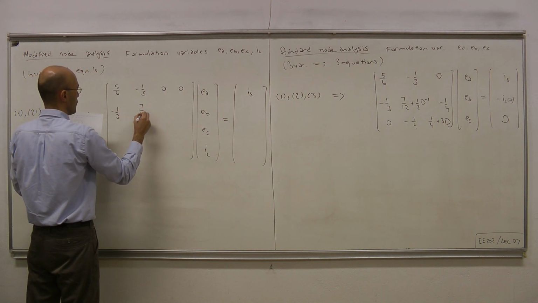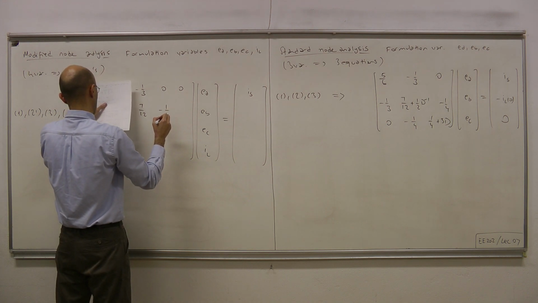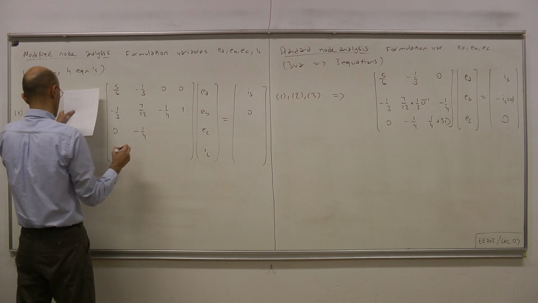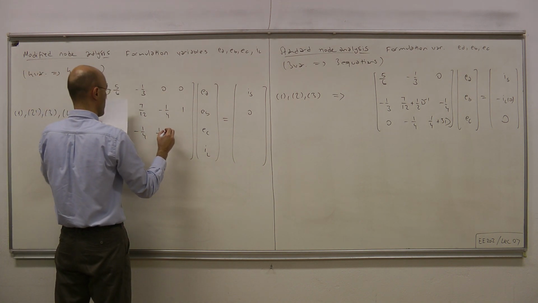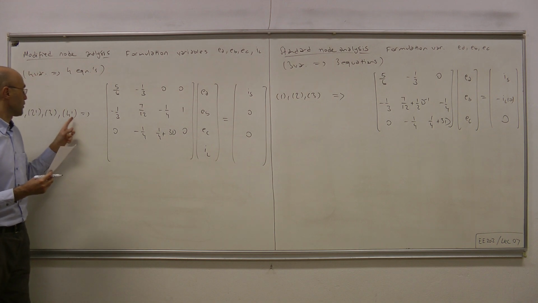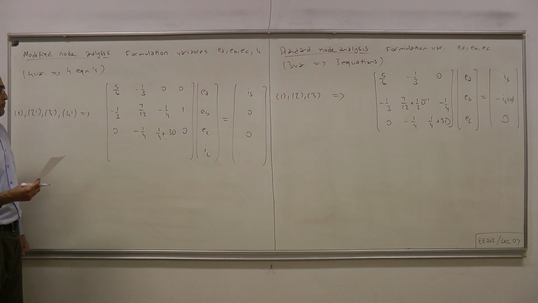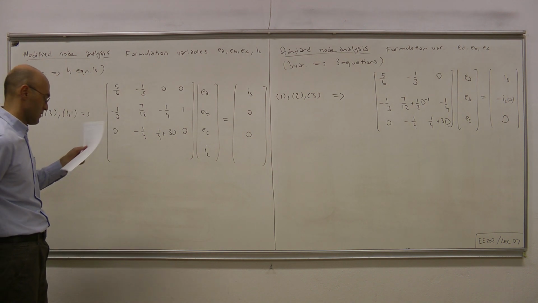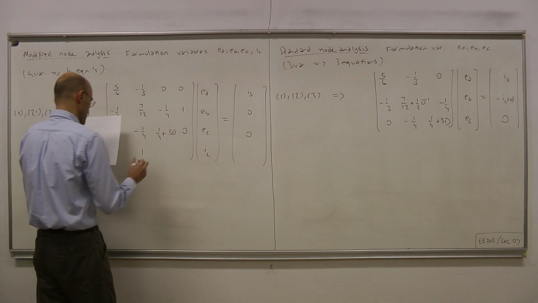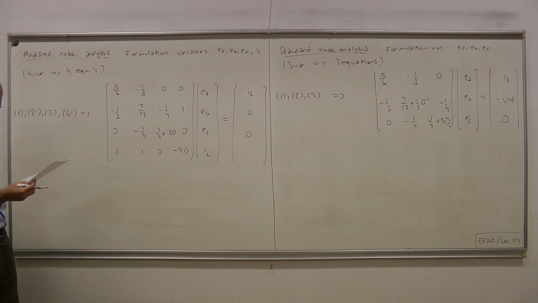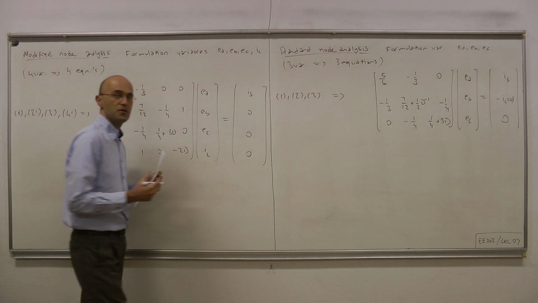Minus 1/3, 7/12, minus 1/4, 1, 0, 0, minus 1/4, 1/4 plus 3D, 0, 0, and finally, the last row corresponds to equation 4 prime, which is our constraint equation, coming from directly determined equation for the inductor. 0, 1, 0, minus 2D, right? Okay, here this entry is 0.